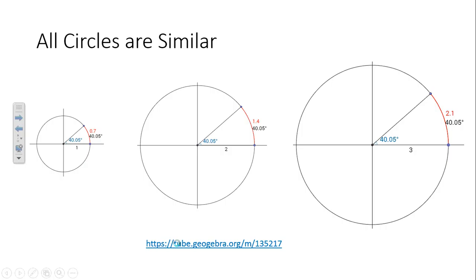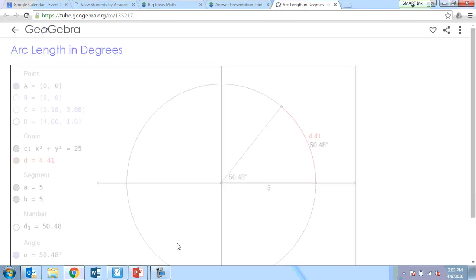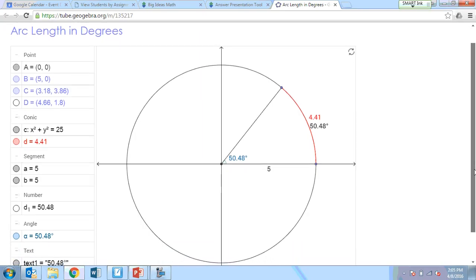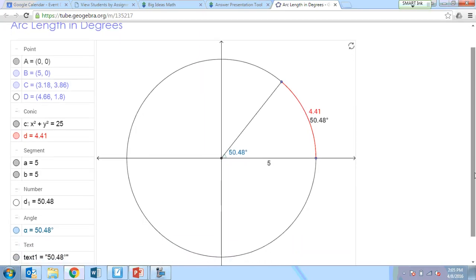One quick demonstration of that. I have a GeoGebra worksheet to show you. These are our arc lengths in degrees. So as you can see, I have a circle with radius of 5. And I have a central angle that's 50.48 degrees.